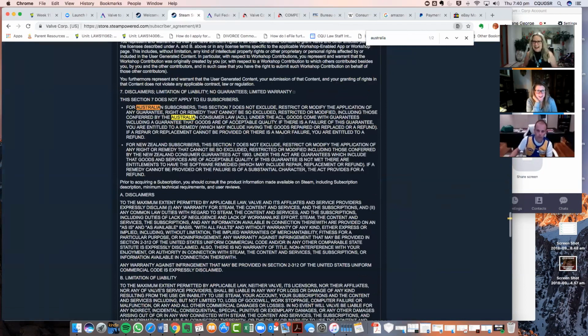Isn't that lovely? For Australian subscribers, this section does not exclude, restrict or modify the application of any guarantee, right or remedy, blah, blah, blah, conferred by the Australian Consumer Law. Because I don't want another $3 million fine. Yeah, that's it.